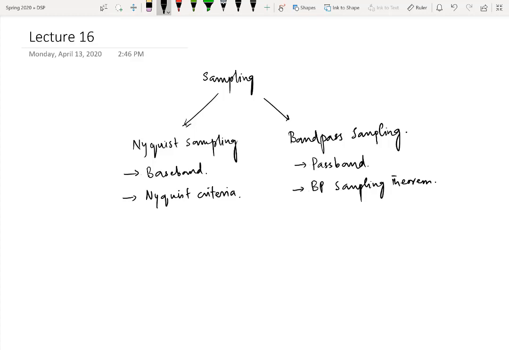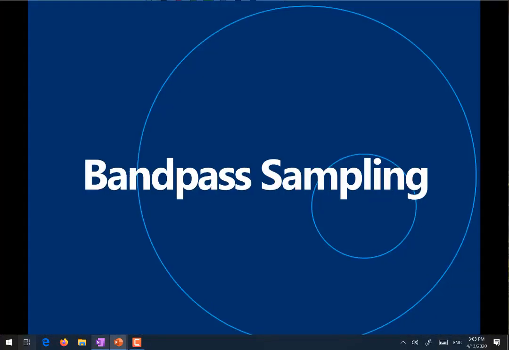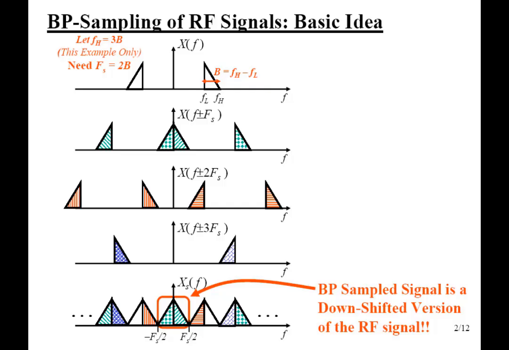But if you use the bandpass sampling theorem, then you can still sample the passband signal at very low sampling rates by avoiding the aliasing. So what is the main concept behind bandpass sampling? First of all, we will discuss some specific examples, and then we will move towards the generalized bandpass sampling theorem.